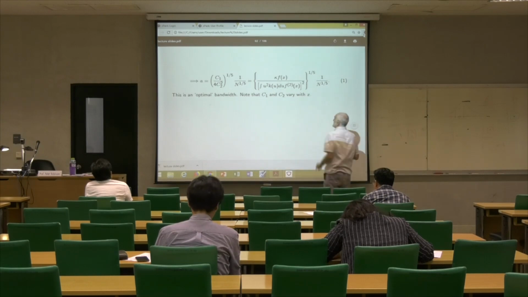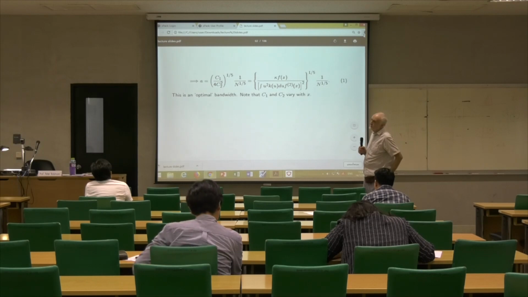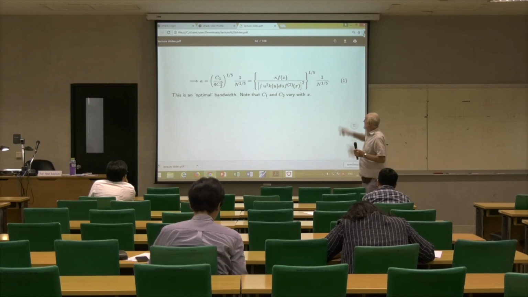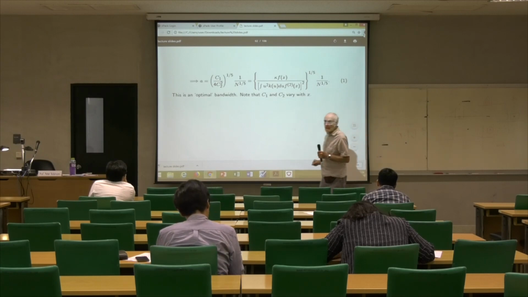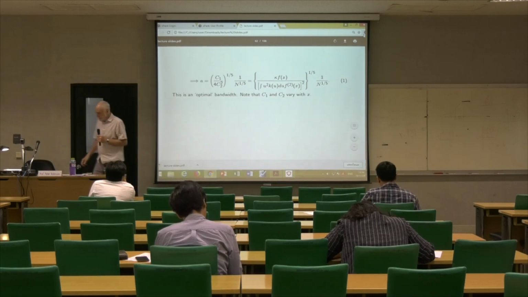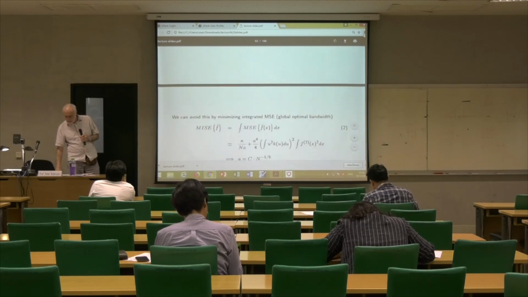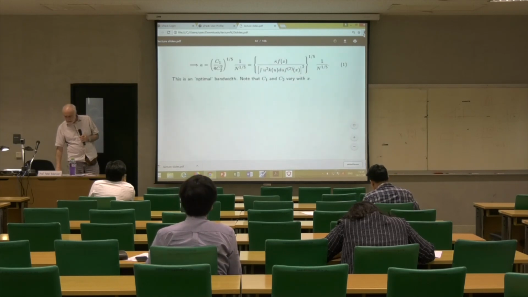But the main point is that the order of magnitude is 1 over n to the 1/5. Okay? So that's called an optimal bandwidth, and the n to the 1/5 is an optimal rate. But that doesn't get us too close to actual bandwidth choice in practice.